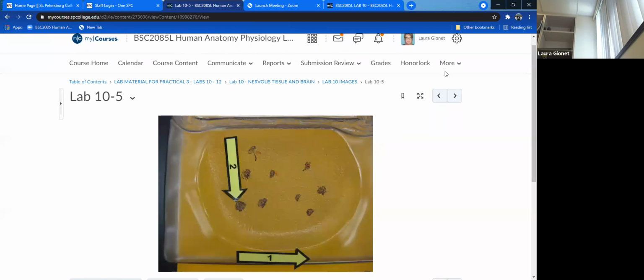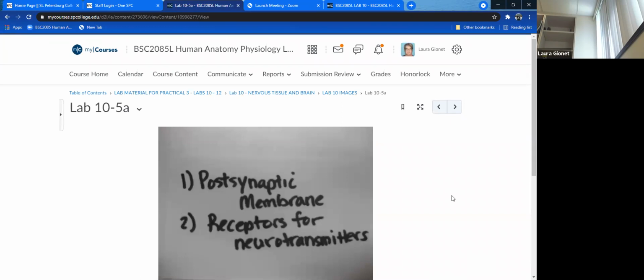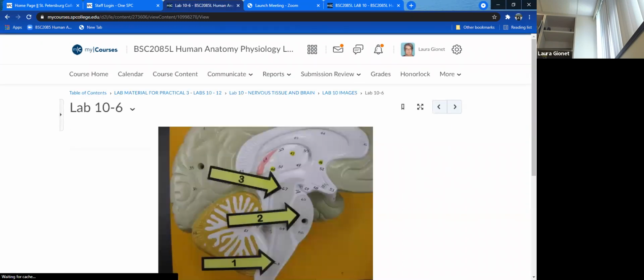Number 1 is pointing to the postsynaptic membrane, and number 2 points to the receptors, and they function to bind to a neurotransmitter. So identification of those structures and functions is coming from exercise 3.